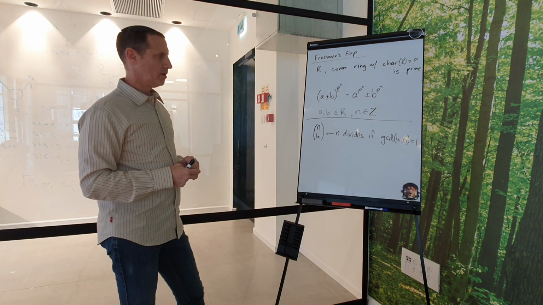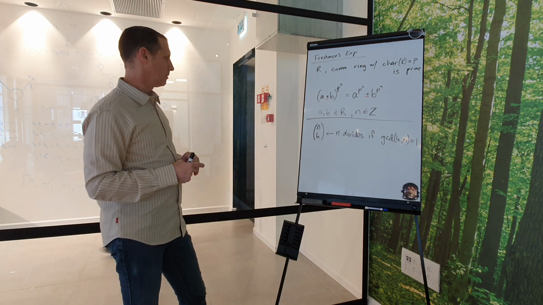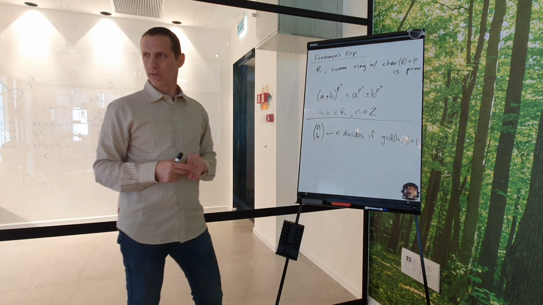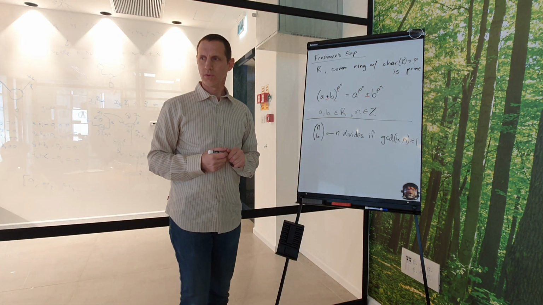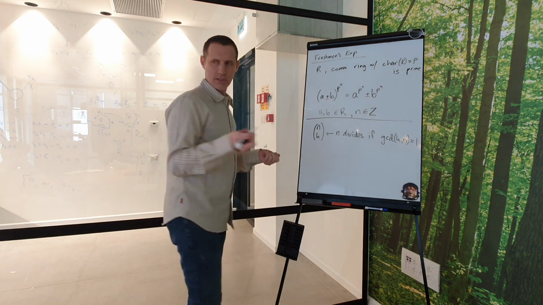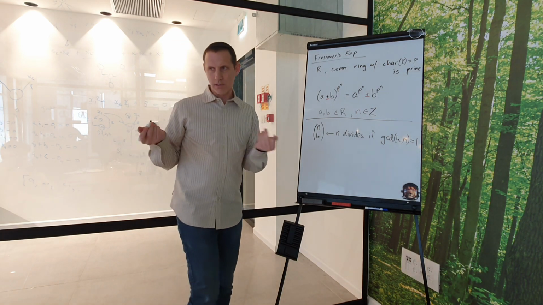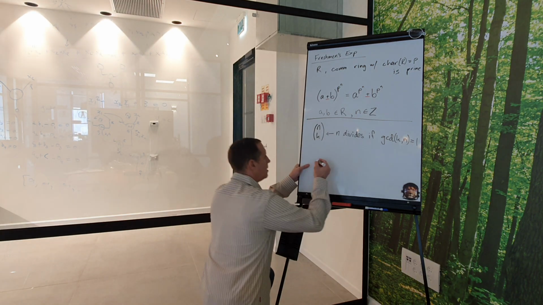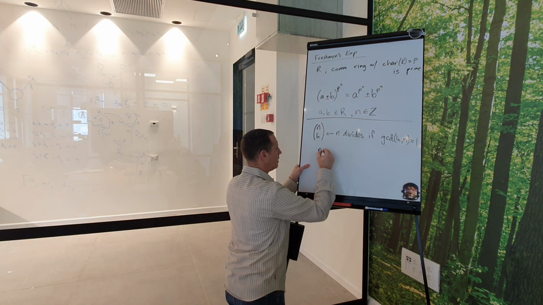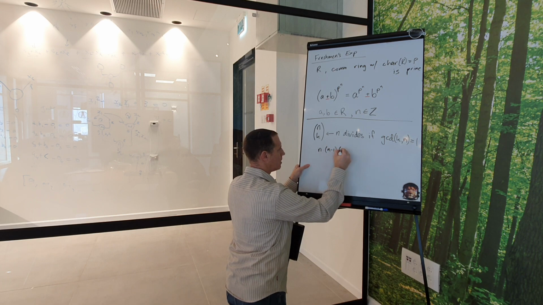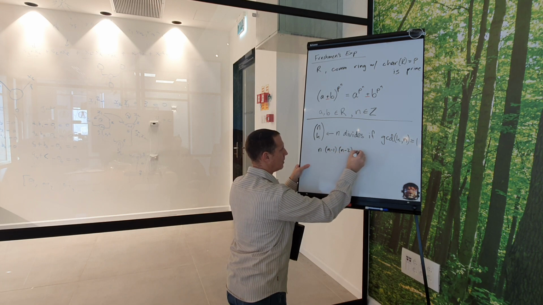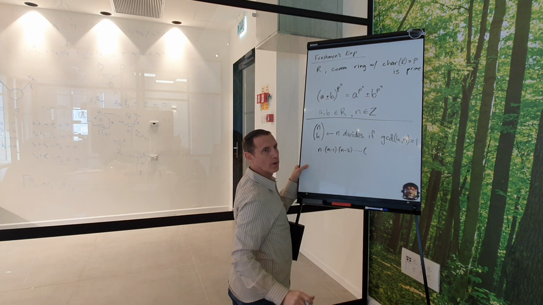Any ideas how I prove this? Just open it. Okay. Open it with the factorial. Okay, so let's try and open it and let's try and identify some pattern. So I've got n times n minus 1 times n minus 2, all the way through.